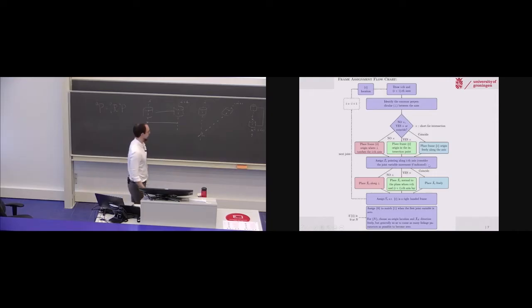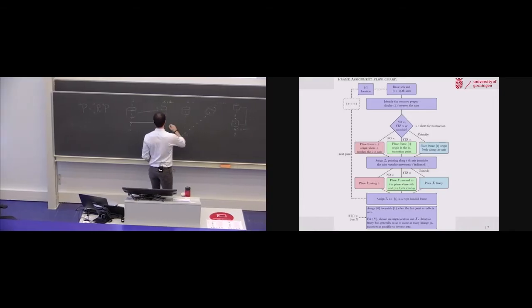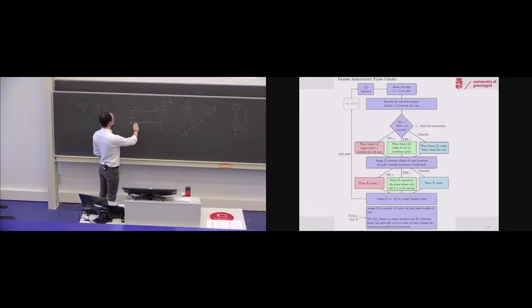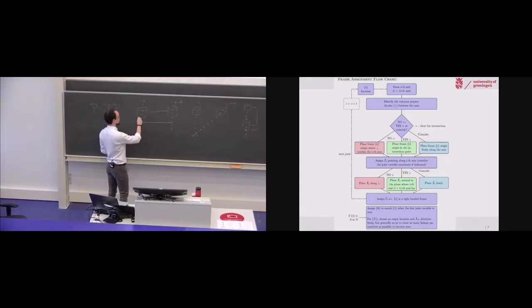In this case, for example, let's take the simple case over here. Imagine that this joint works as a revolute joint in this form.